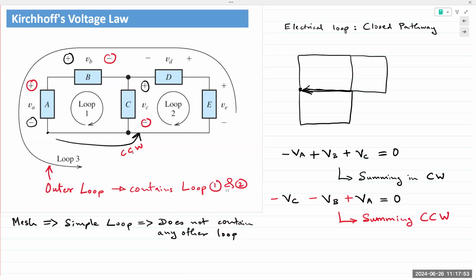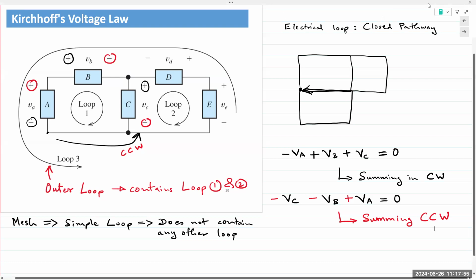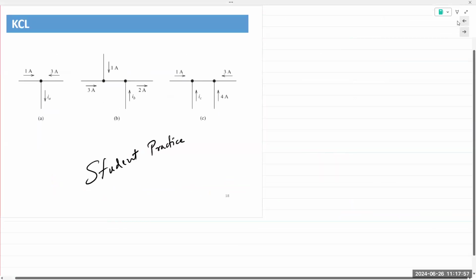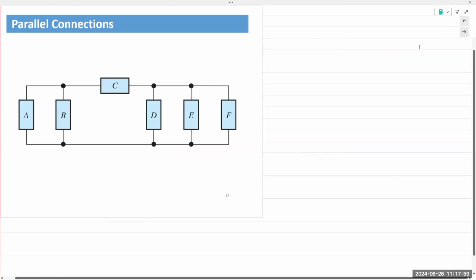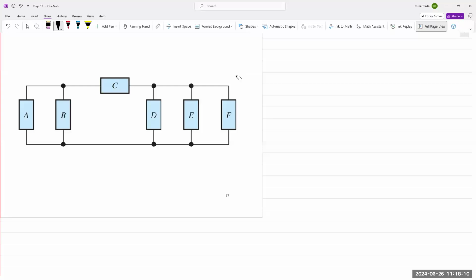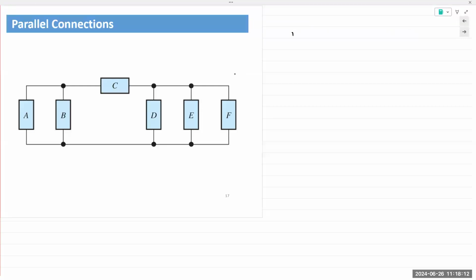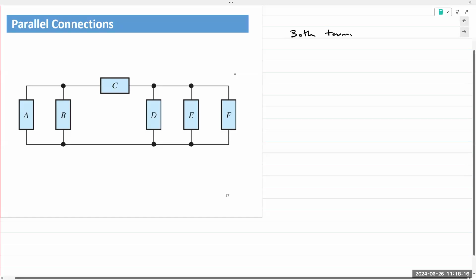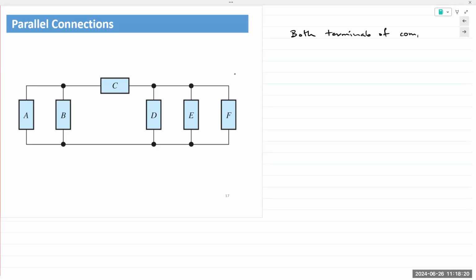Okay. All right, then let's talk about parallel connections. Parallel connections between 2 or more components are a result of connecting both their terminals together.